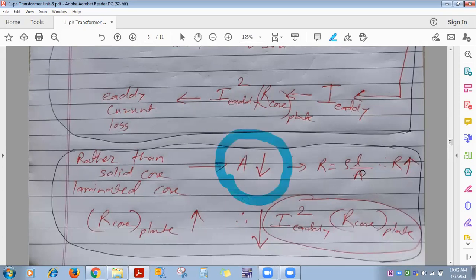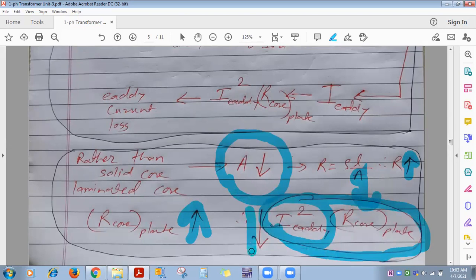So as the cross-sectional area is minimized, resistance will be more. As that plate is offering more opposition, less eddy current will flow. The square of current is there, that's why the total loss gets reduced.